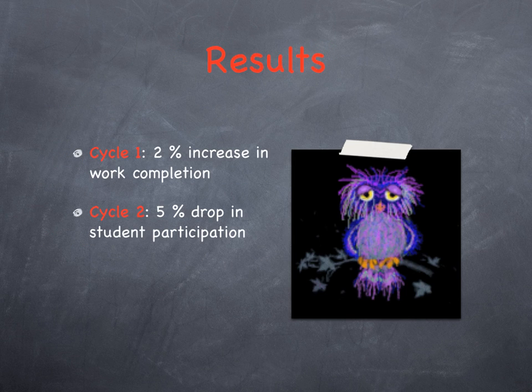The results of Cycle 1 were disappointing, in my point of view. There was a 2% increase in work completion for what would have been considered the average group. In Cycle 2, there was a drop of 5% in student participation, and I expected that.